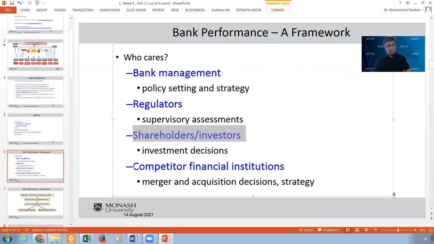So this information you have to provide to the market so the competitors can use it. They may take you over, or you may take them. They may acquire you, or you acquire them, or maybe you decide to do mergers. Whatever the situation, this is all based on information.